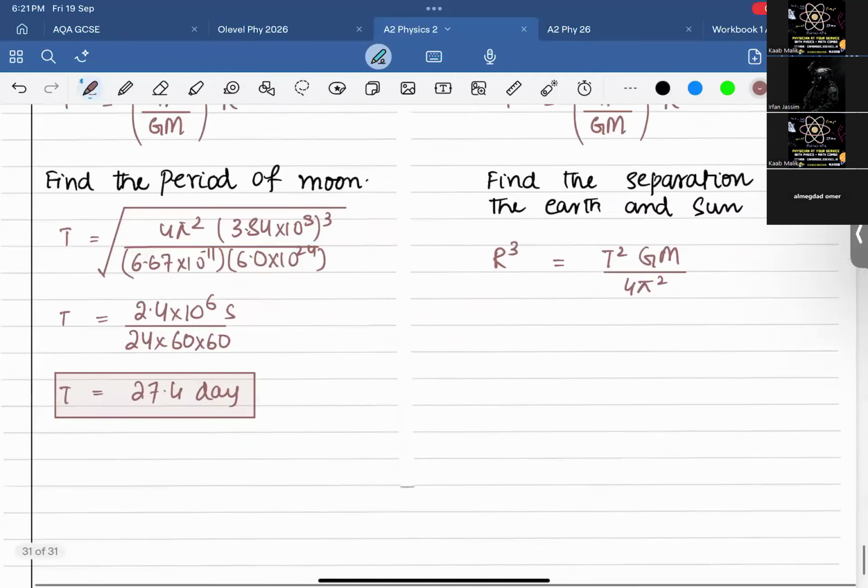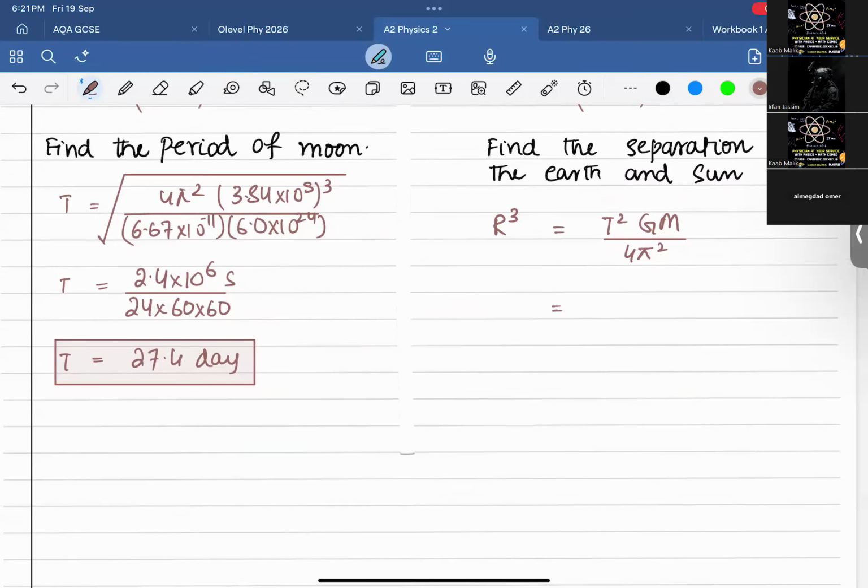Yes, good. So we know that the Earth and the Sun require 365 days. So 365 days, one day contains 24 hours, 1 hour contains 60 minutes, 1 minute contains 60 seconds, and we have to square it.